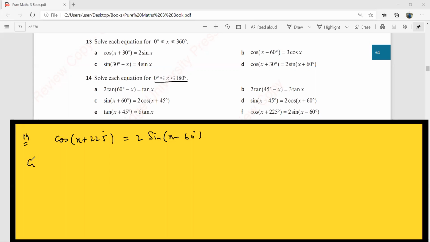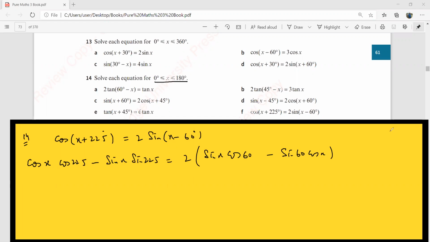This is going to be cos x cos 225 minus sin x sin 225, that is equal to 2 into sin x cos 60 minus sin 60 cos x.